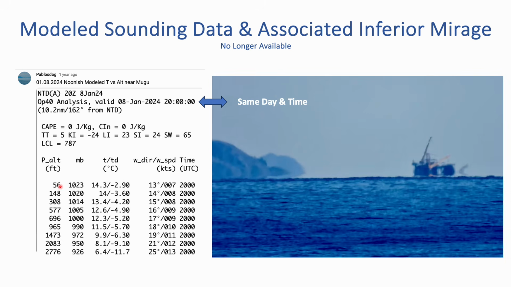And you can see it here at 56 feet, you've got 14, 14.3 degrees, and then it cools off quickly up to 1,000 feet, about 3 degrees, I guess, across 1,000 feet. The data is no longer available. The site went dark, and it's kind of a bummer, but it is what it is.